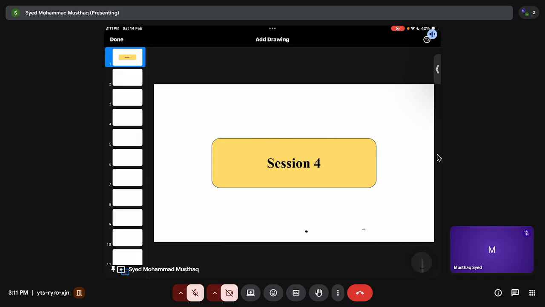We have discussed what the different types of fuel are. In this session we will talk mostly about coal, okay? And one type of fuel which is most abundantly used in steel making or iron making, which is coke.